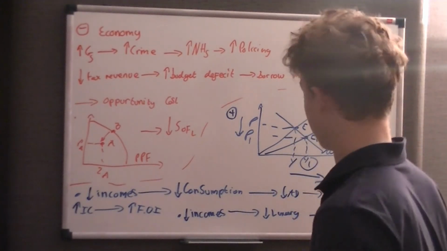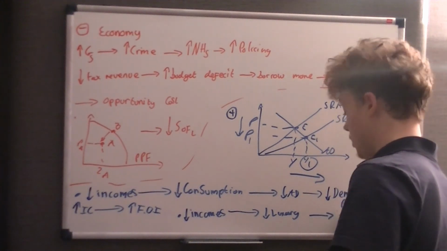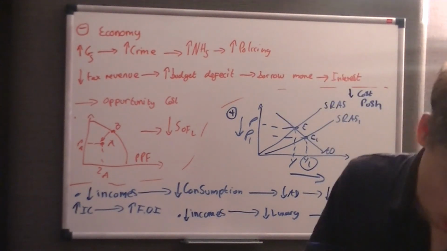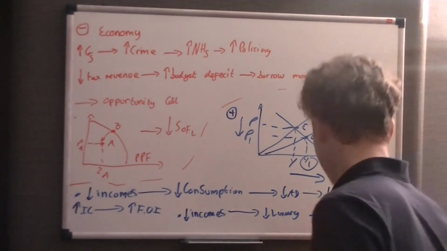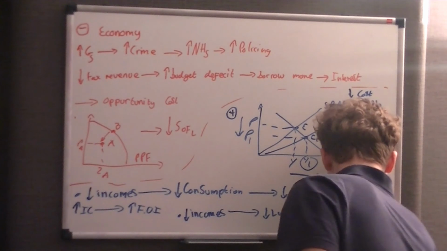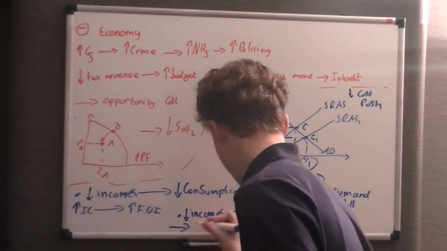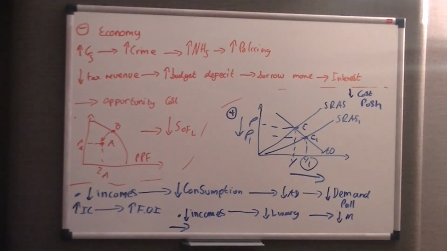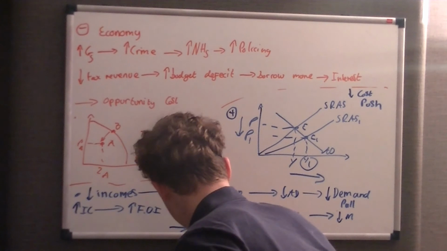People generally don't think England does good stuff. So if the demand for luxury goods decreases, our imports decrease. And as imports are a factor of aggregate demand, we can say net exports increase.